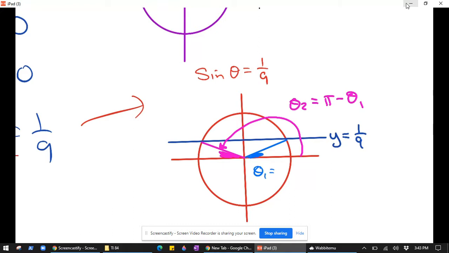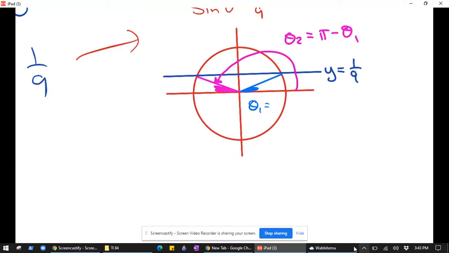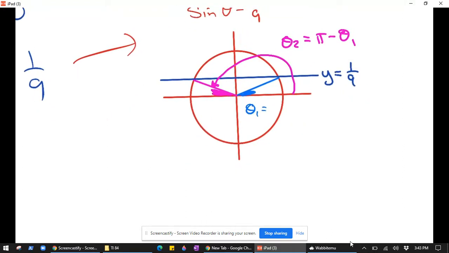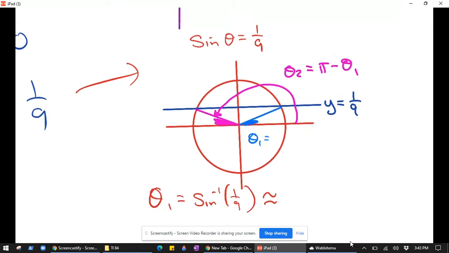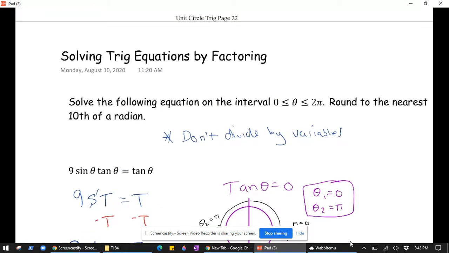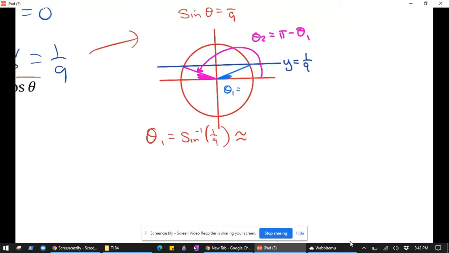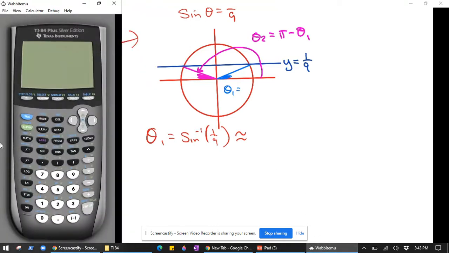So let's do that down below here. We note that theta 1 is equal to sine inverse of 1/9. We're rounding to, what do they say to round to? I believe it was tenths of a radian. Okay, that's not that accurate, but that's what they said. So let's do that. We make sure we're in radian mode, which I am.